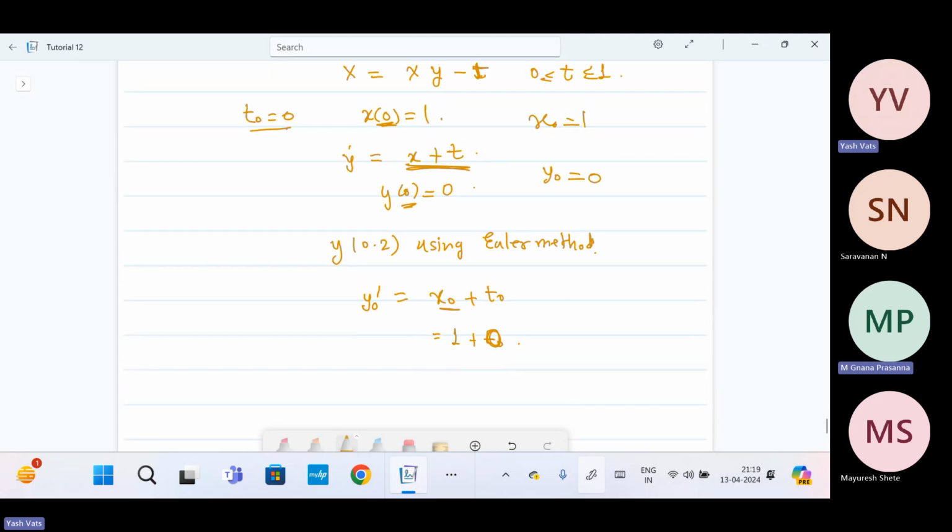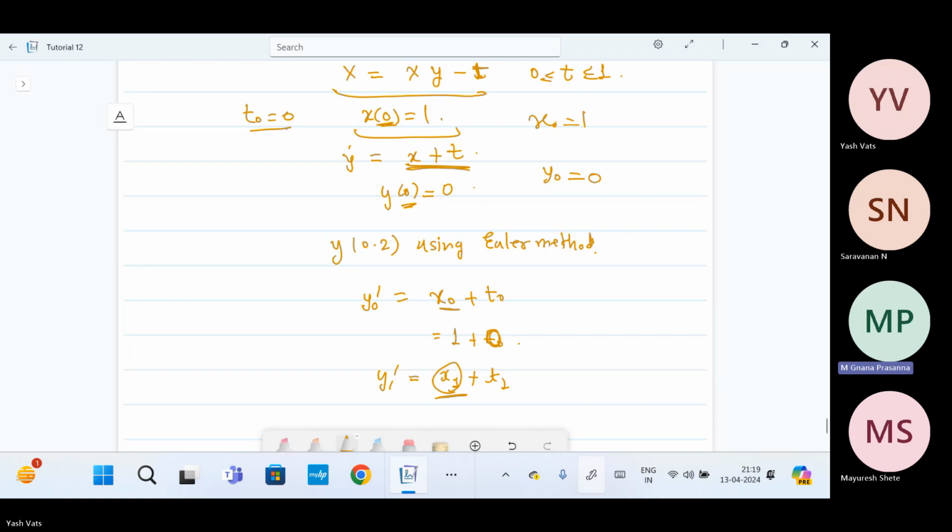And how do you find y1 dash, which is x1 plus t1? But what is x1? For x1 we have to use the first equation. Here h is 0.2, so t1 is 0.2.